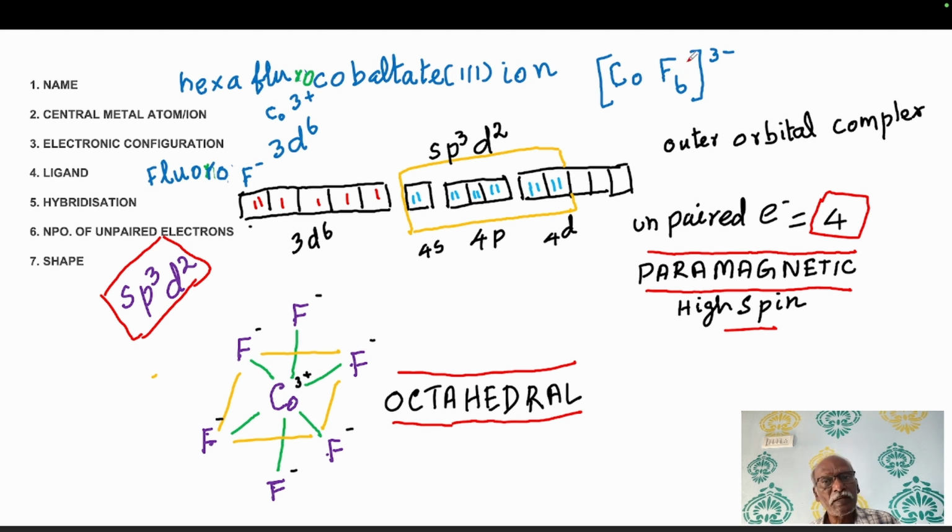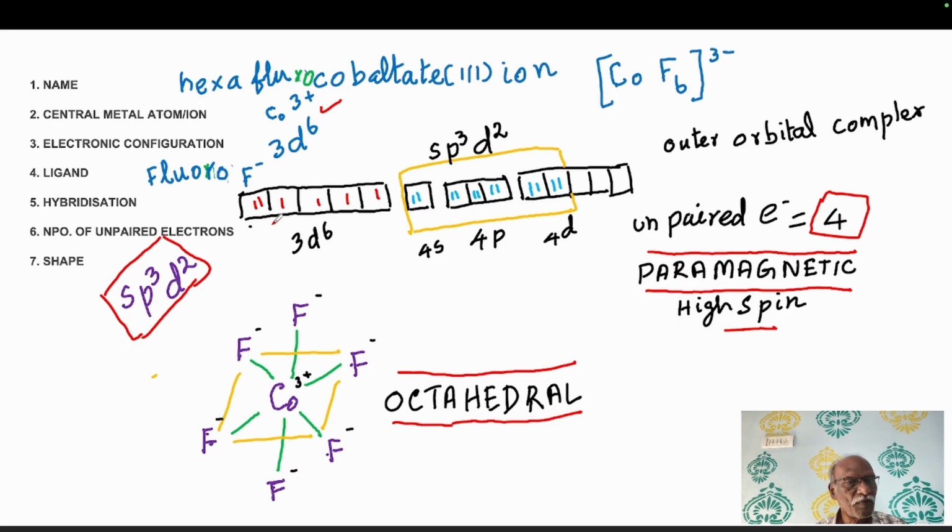Out of 6 minus, 3 minus are left and the other 3 minus are cancelled by the central metal Co. That's why its charge is 3 plus. Okay. 3 plus means it is 3d6. The last example we saw, Co 3 plus is 3d6.